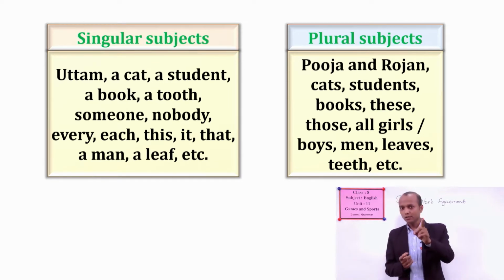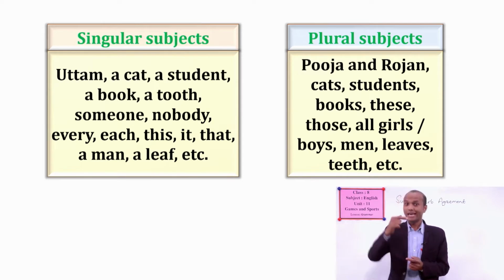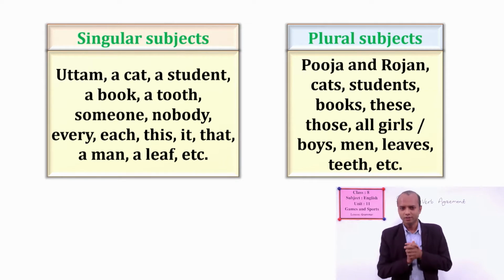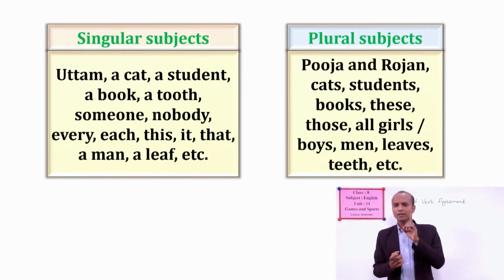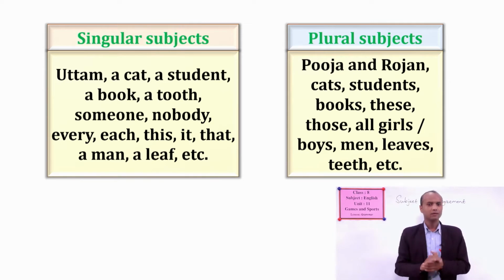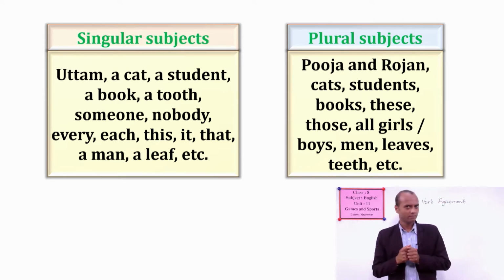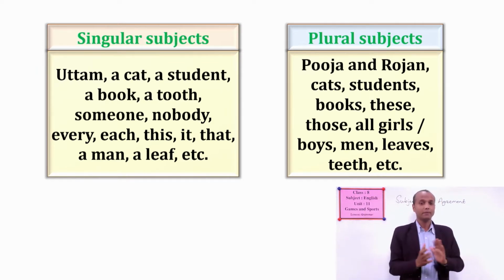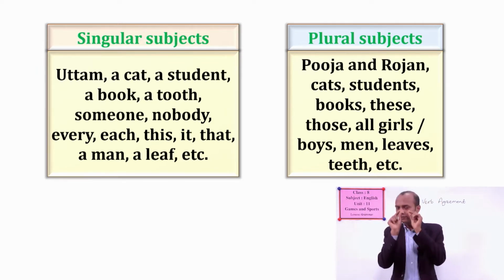Singular subjects refer to one person or thing: a cat, a student, a book, a tooth, someone, nobody, every, each, this, it, that, a man, a leaf, etc. You can make a list of many singular subjects that refer to a single entity, one object.